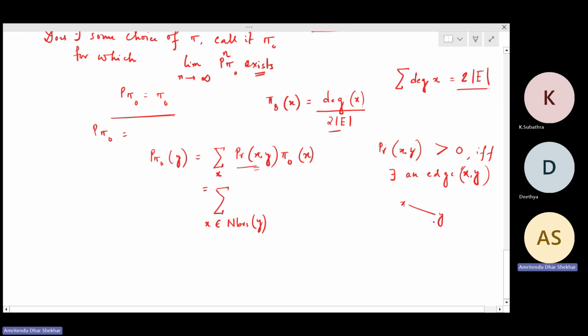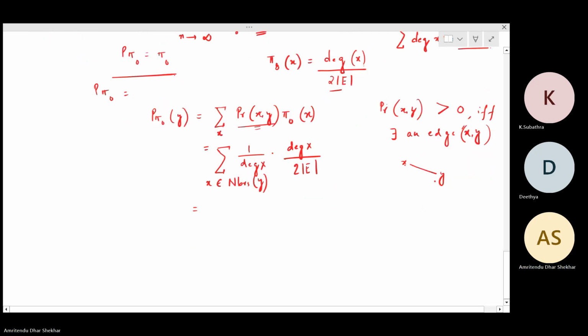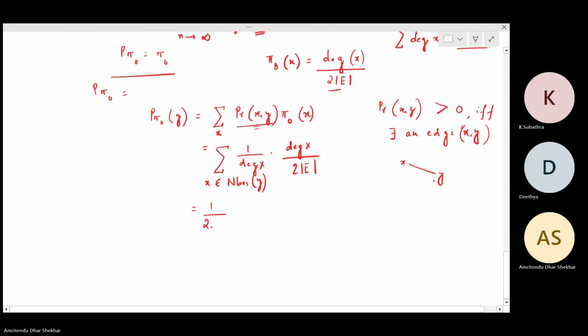And what is the probability of x comma y? Well, the probability of x comma y is equal to 1 by degree of x. And what is pi 0 of x? Well, pi 0 of x is equal to degree of x by twice the number of edges. So this is equal to 1 by twice the number of edges, sum over x belonging to neighbors of y of 1. Now, what is the number of neighbors of y?